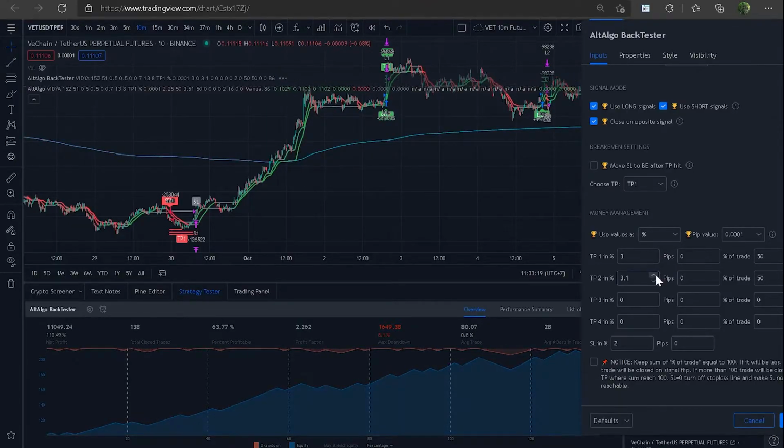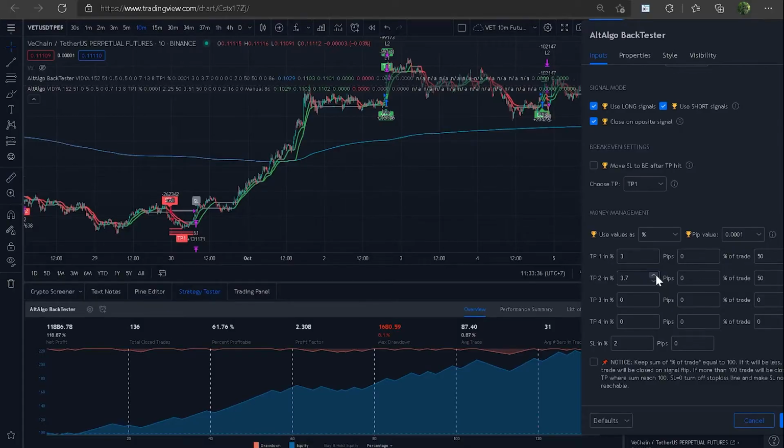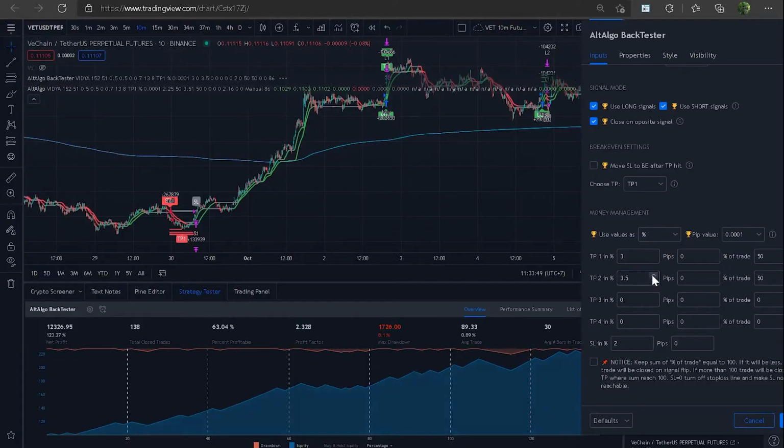Let's see what happens. It still goes up, goes down, up considerably. That's good. Down again, down again, down. So here you see that the sweet spot is obviously gone. At 3.5, 3.4 we have 123% profit, and then we increase the take profit.